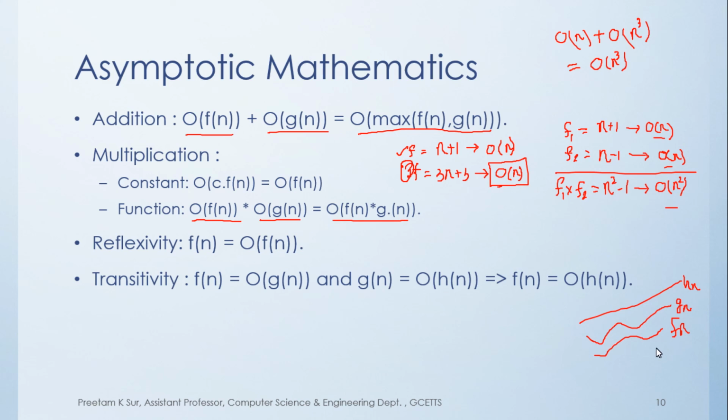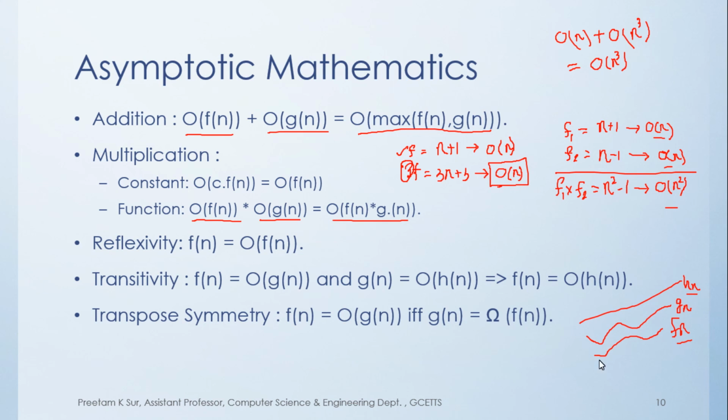So if f(n) is upper bounded by g(n) and g(n) is upper bounded by h(n), then f(n) is going to be upper bounded by h(n) as well. This is what we call transitivity.